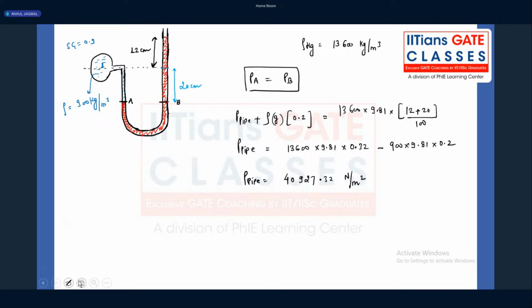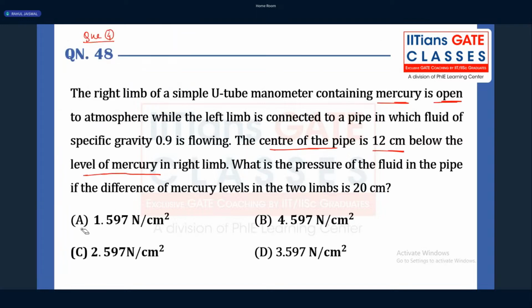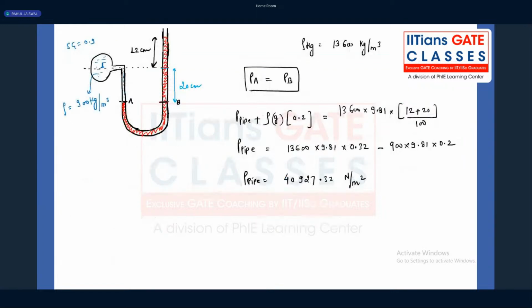Sorry, the total value is 20 centimeters. If you read the problem, they have given the difference of mercury level in the two limbs. That means the total difference between this limb and this limb is 20 centimeter. So this total height from here to here must be 20 centimeter.